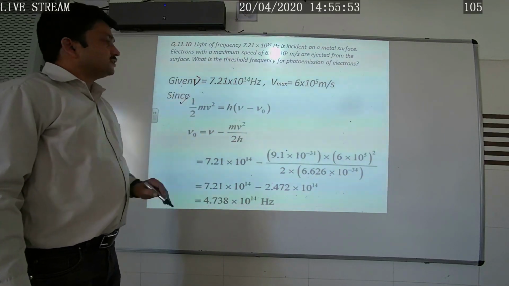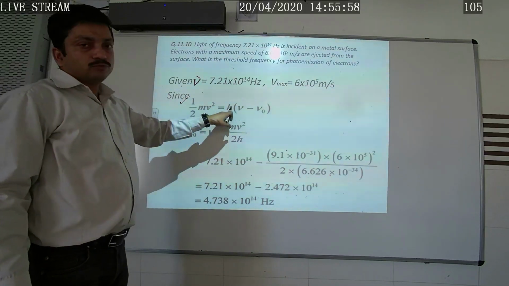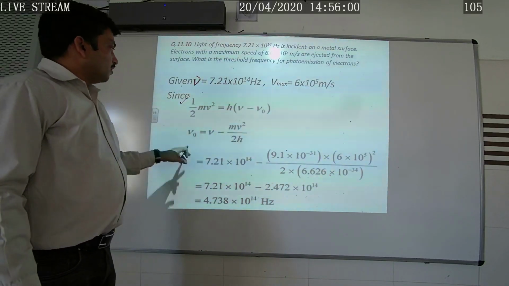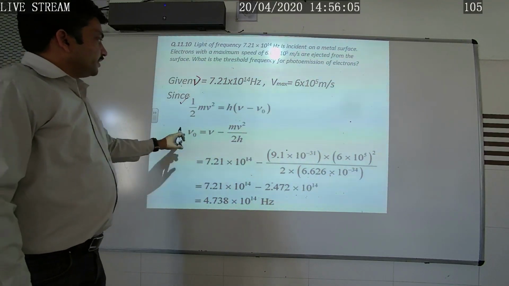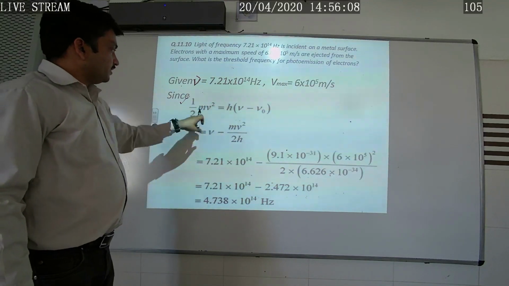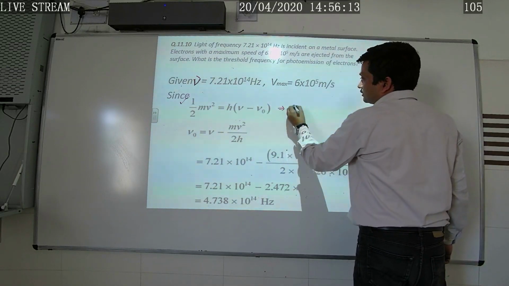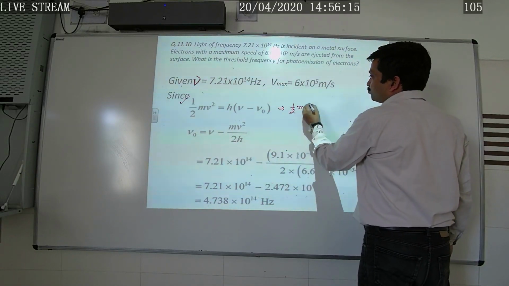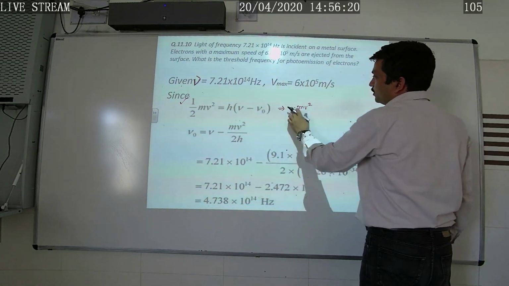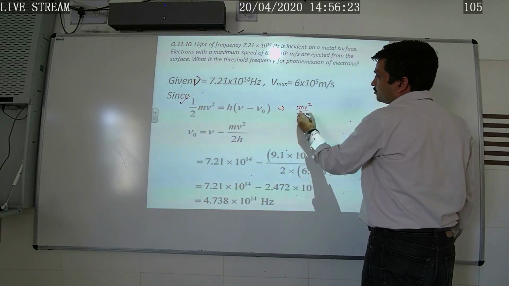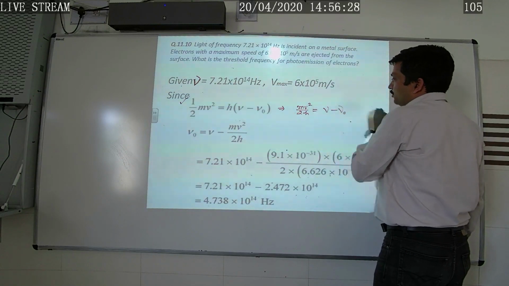Again, we will make use of the Einstein photoelectric equation. As 1/2 m v squared equals h into (nu minus nu naught), taking h to the denominator we can write collectively m v squared by 2h equals nu minus nu naught.